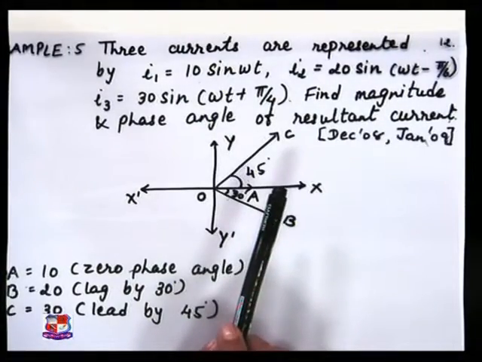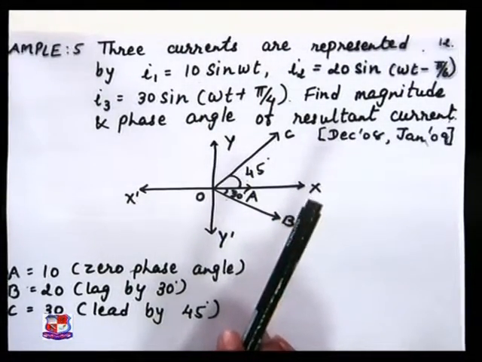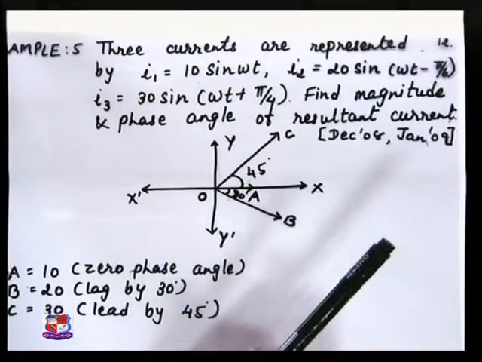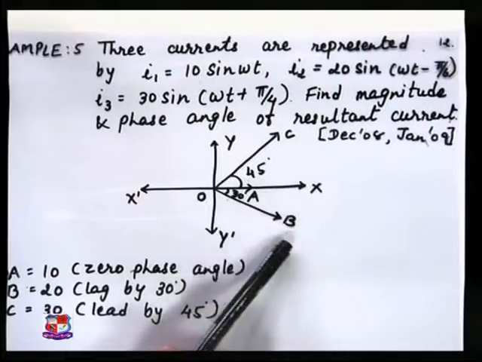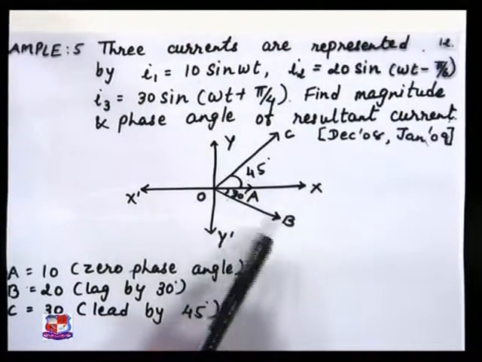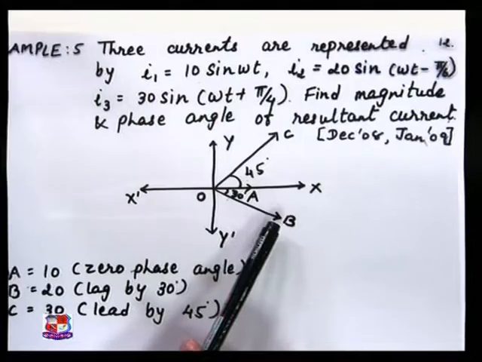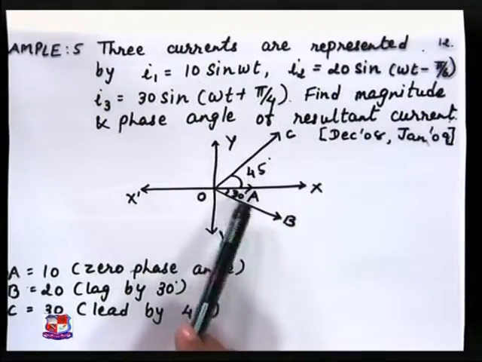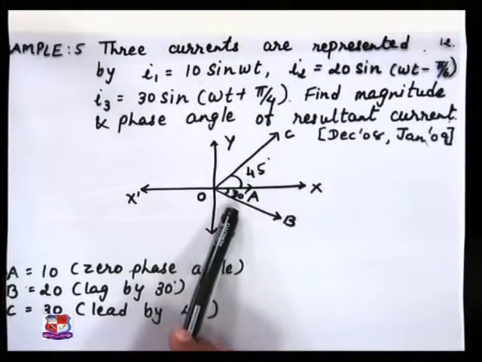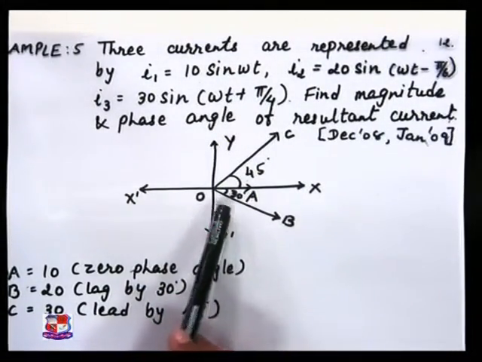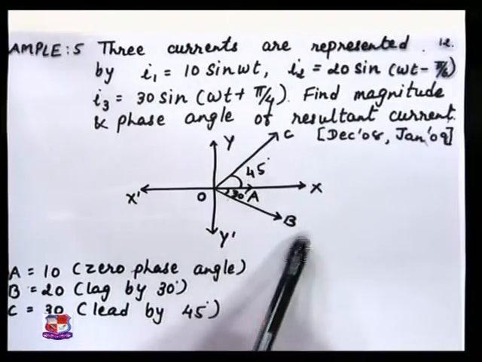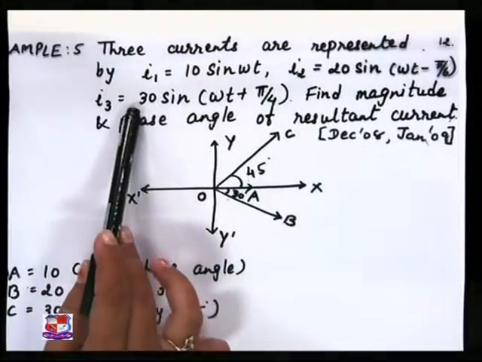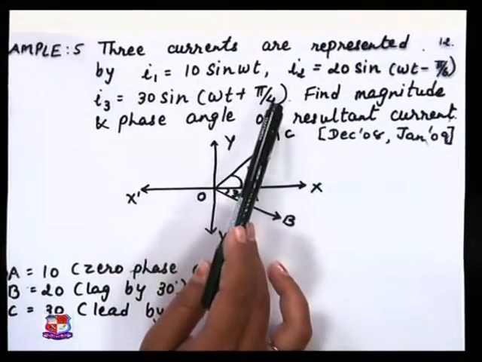Now for the second quantity I2, the magnitude is 20 and the phase angle is minus pi by 6. So OB indicates the magnitude 20 and the phase angle minus pi by 6, which means lagging by 30 degrees. This represents the I2 quantity. Now for I3, the magnitude is 30 and the phase angle is plus pi by 4.